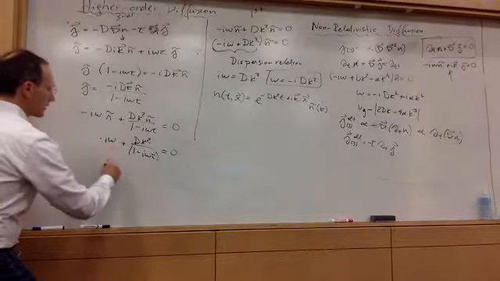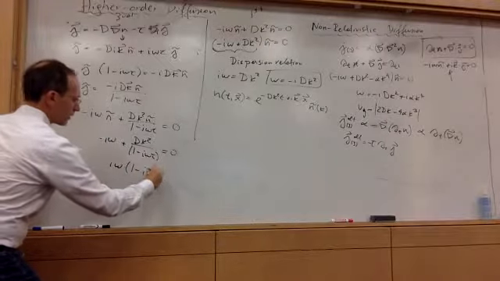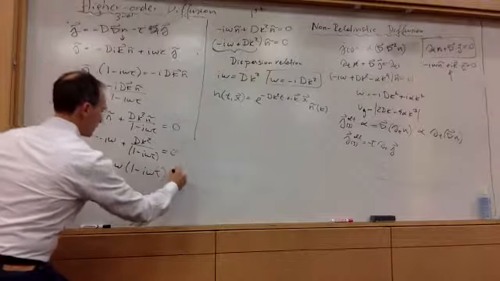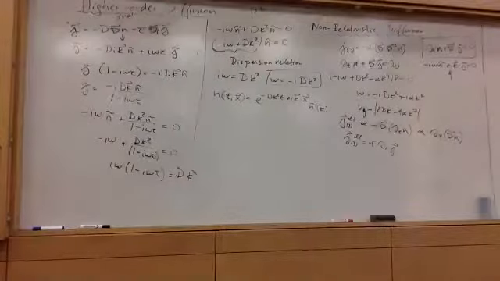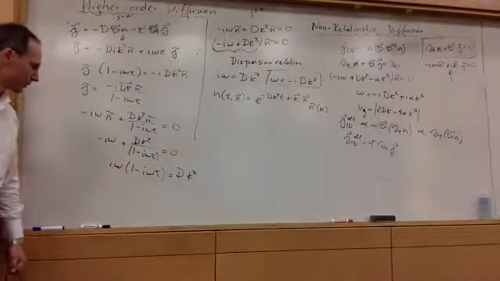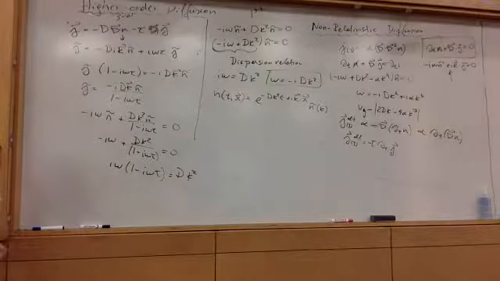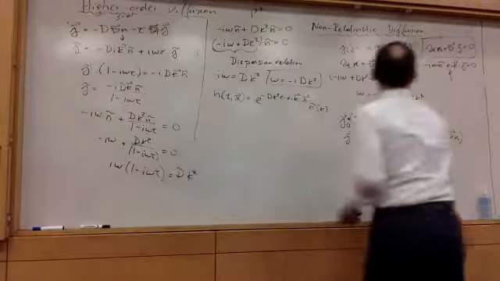If I bring this to the other side, I should get i omega times 1 minus i omega tau is equal to d k squared. This is a second order equation. We can solve this. Maybe even I can solve this. I'm sure you can solve this. So let me try to solve it over here.